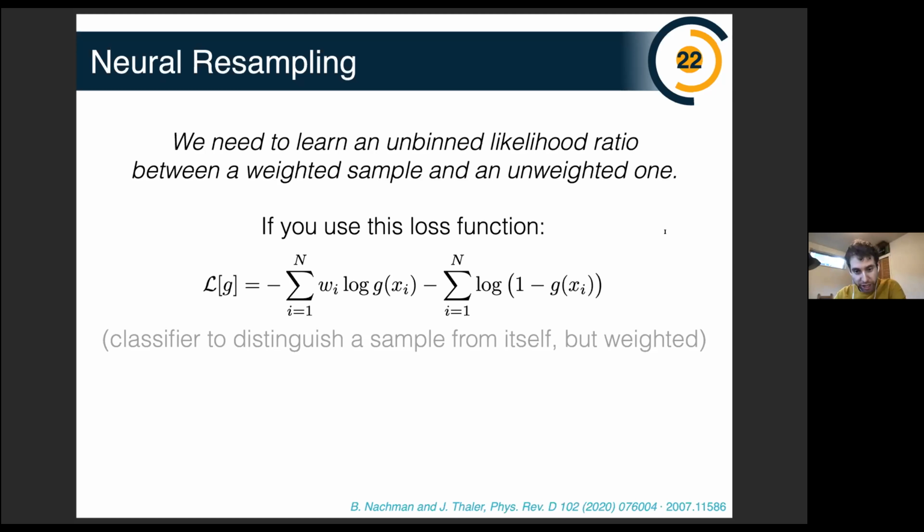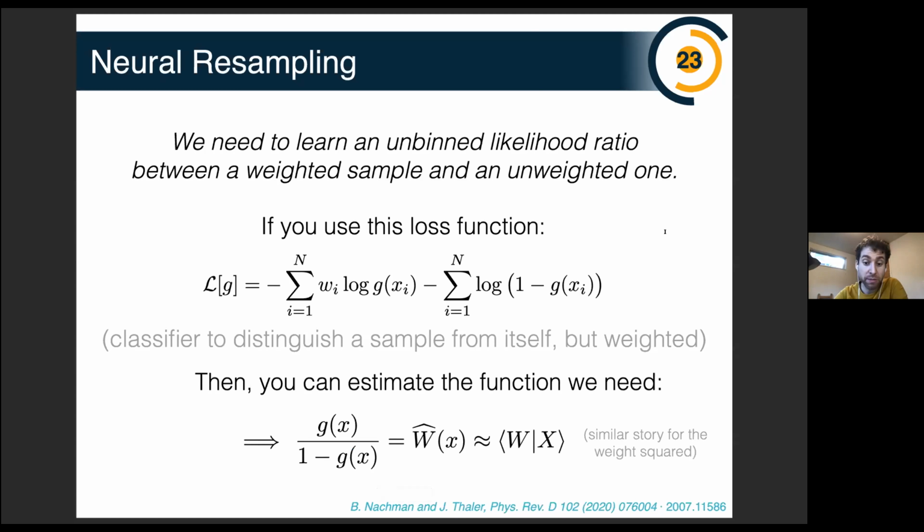And one can show that if you train a classifier in this way, asymptotically you get this nice relation where this particular combination of the function with itself gives you the expected value of W given X. And so in this way, we can learn the local average weight as a function of X.